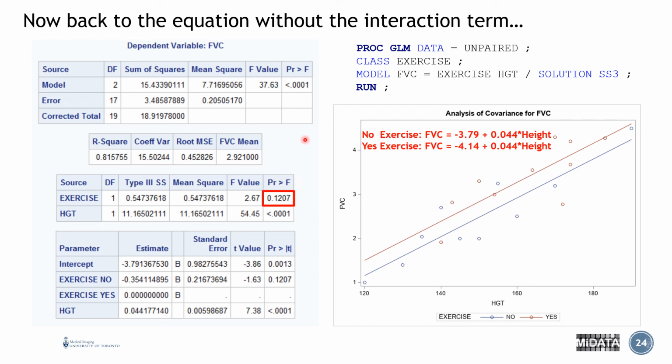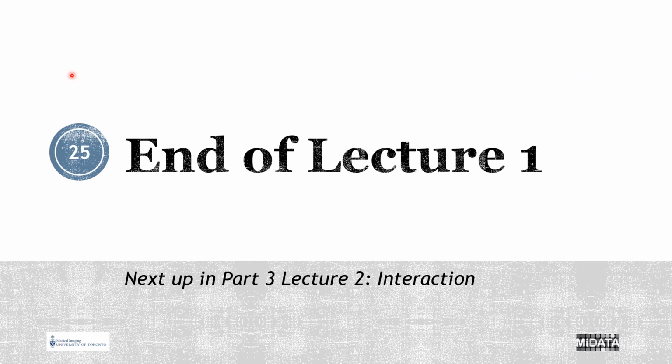So here is a perfect example of a confounding effect of height on our ability to show the difference in FVC between exercise, yes and no. So that was a lot to digest in a short number of slides, and what I recommend you do is just flip through the slides back and forth, and check the progression of what we did in order for you to understand how we got to the conclusion that when you adjust for height, the difference in FVC between the two groups of those that exercise and those that do not exercise is not statistically significant.